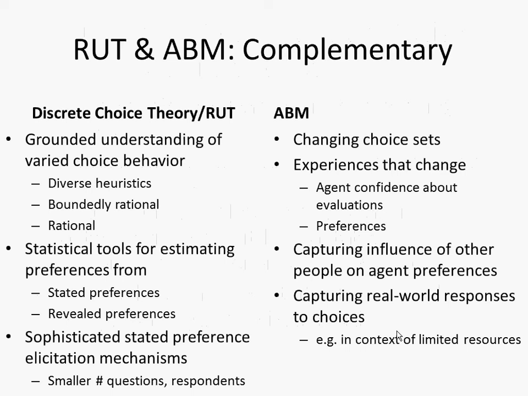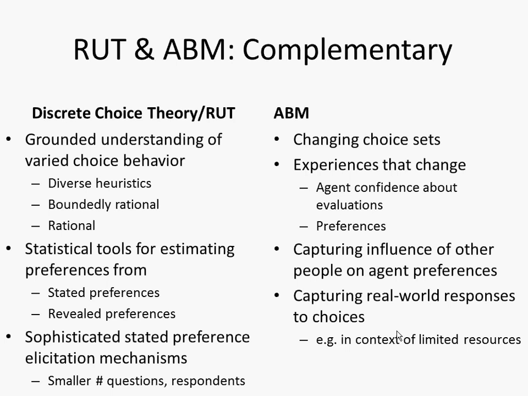Now, agent-based models can complement this by capturing changing choice sets, the fact that all through the day we're surrounded by different choices. Someone in a lower income community where sidewalks are falling apart, where there are no opportunities for using parks, or in gated communities where the streets are all curved in a way that inhibits walking, has very different choice sets than those who might be downtown with wide avenues for walking along the river, etc. And all through our day, we may be encountering different choice sets.